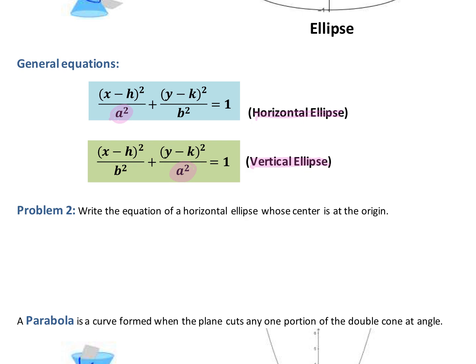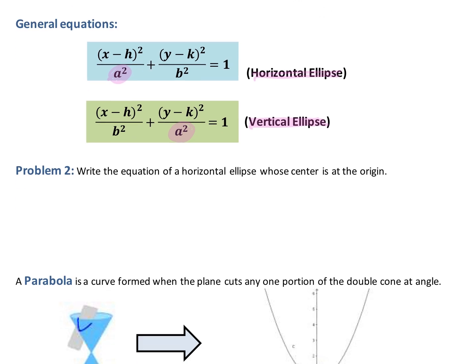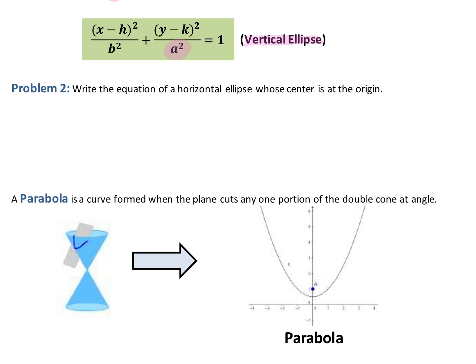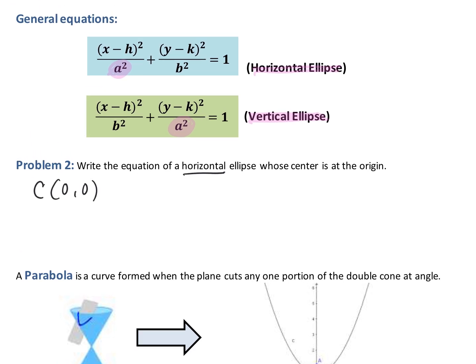Okay, so problem number 2. Write the equation of a horizontal ellipse whose center is at the origin. Okay, so the center is at (0, 0) again, and it says it's horizontal, so let's copy the horizontal formula in here. That's going to give you (x - 0)^2 / a^2 + (y - k)^2 / b^2 = 1.